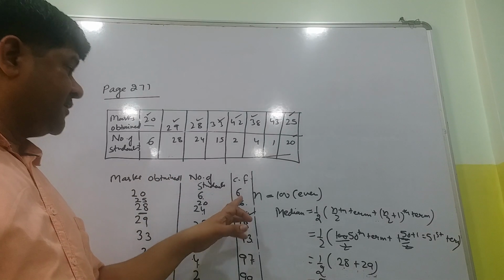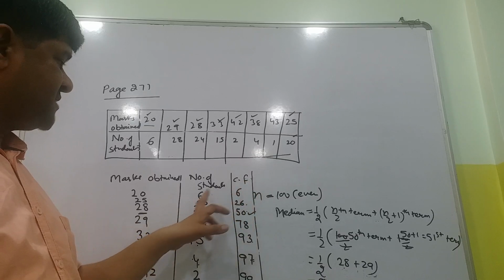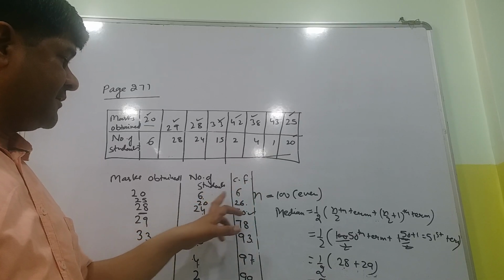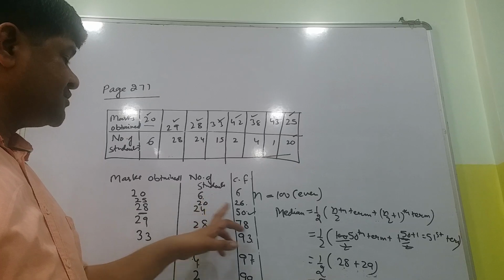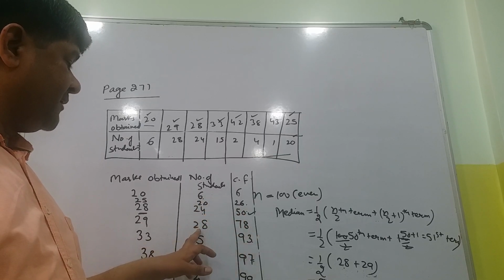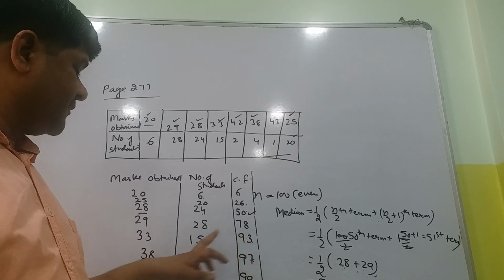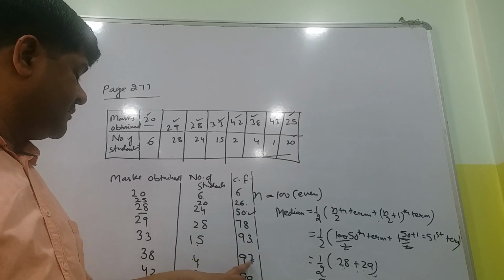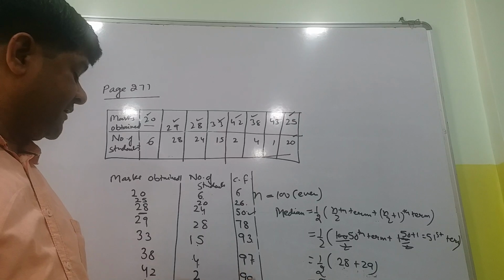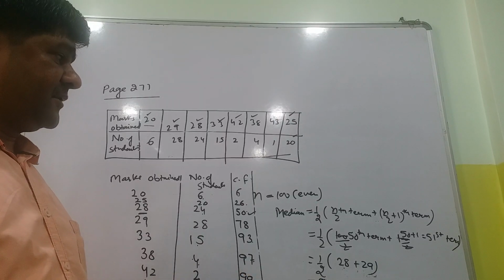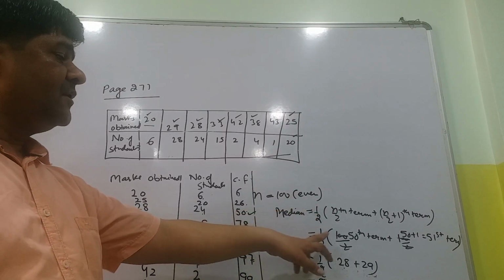Then we calculated the cumulative frequency. 6 will come 6, 6 plus 20, 26, 26 plus 24, 50, 50 plus 28, 78, 78 plus 15, 93, 93 plus 4, 97, 97 plus 2, 99, 99 plus 1, 100. So this is half of 100 by 2.